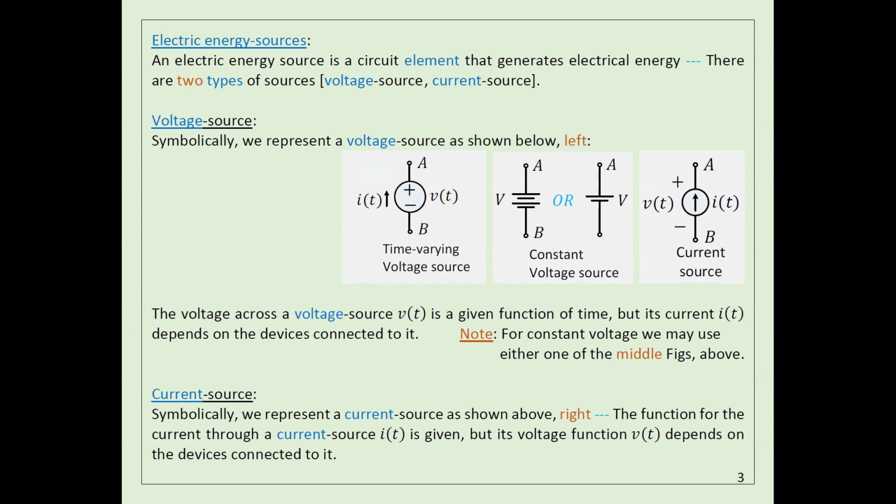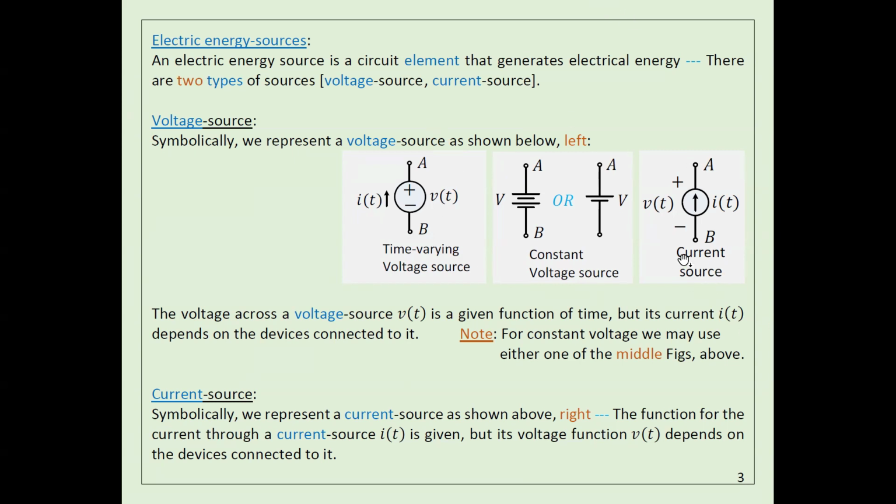So by changing the resistance, ideally, if you have a battery that is 5 volt, it should be 5 volt all the time. The voltage across the battery should be 5 volt all the time. But by changing the resistance that's connected to the battery, the current may change. The current will be different.